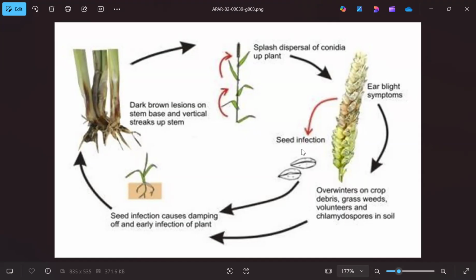These seeds are infected, and the seed infection causes damping off and early infection of the plant. Because it's the seed growing the seedling, these seedlings are going to be stunted in their growth. In addition, you'll see at the base of the stalk these brown lesions, and the stem will have some streaks going up along the stem.